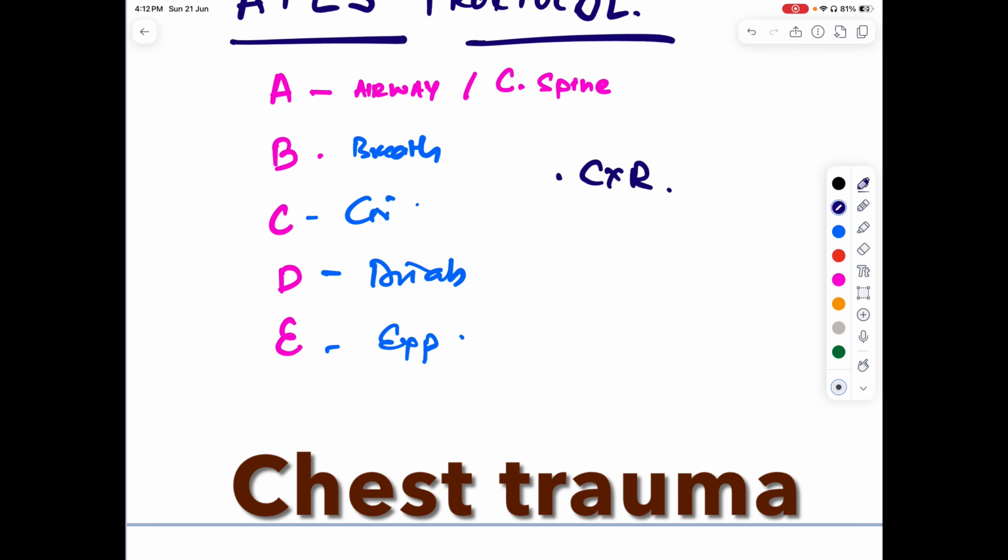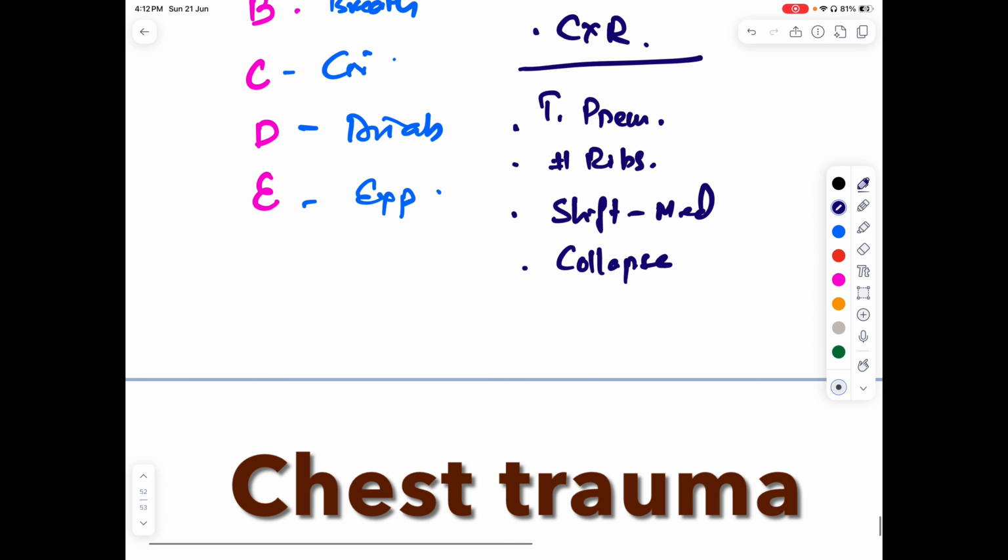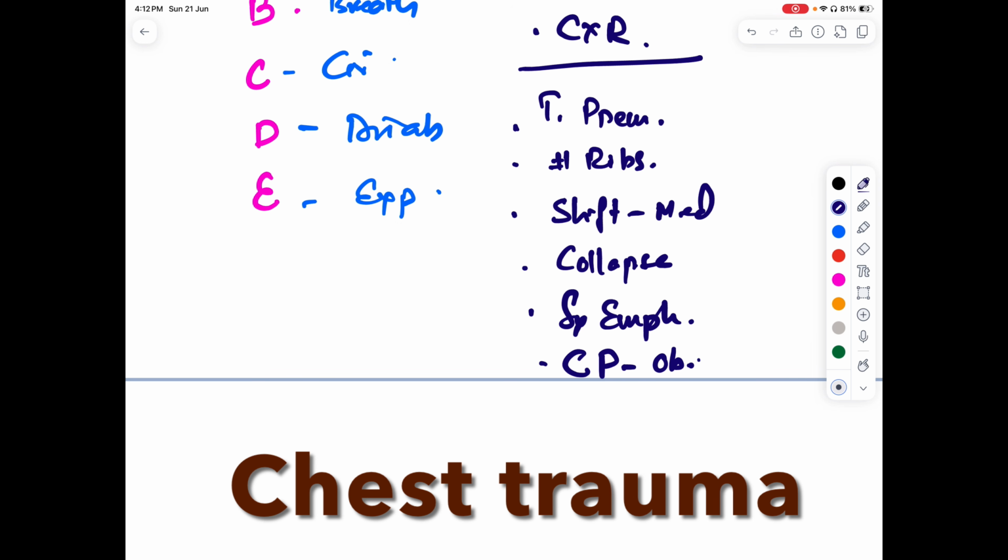In the X-ray findings, you have to look for tension pneumothorax, fracture of the ribs, shift of the trachea and mediastinum, collapse of the lungs, surgical emphysema, or costophrenic angle obliteration. These are the things you see in the X-ray. You also have to check whether the X-ray visibility is clear and adequate.